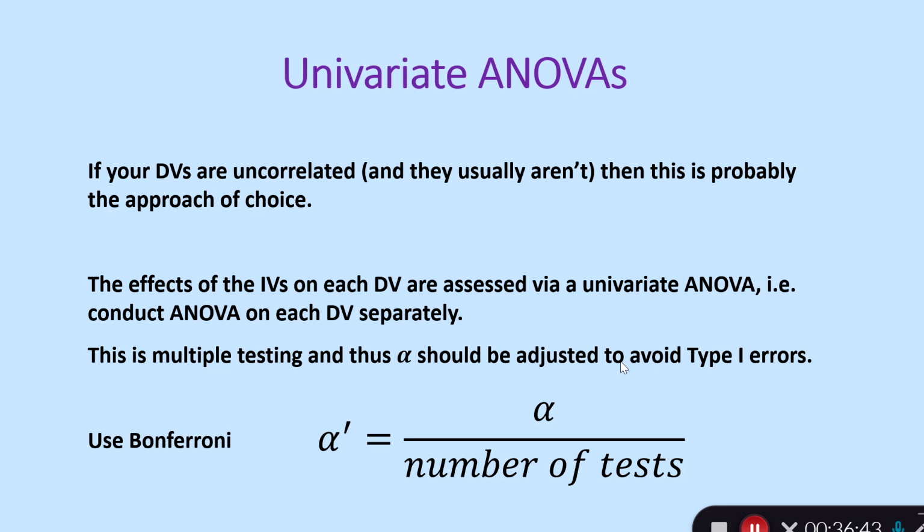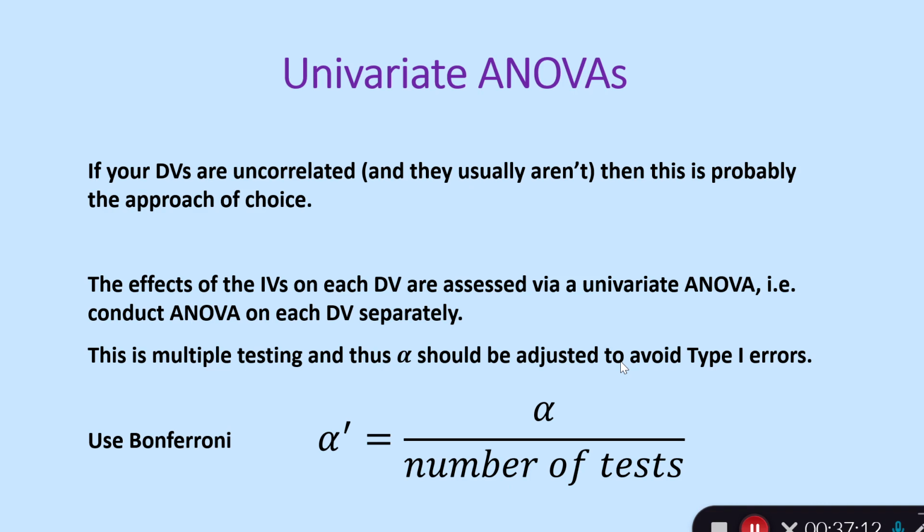So you would use these types of univariate ANOVAs if your DVs are uncorrelated, but they usually aren't. There's usually some sort of correlation between your DVs. But if there was a very small and insignificant correlation between your DVs, then you're probably safe to use this approach.